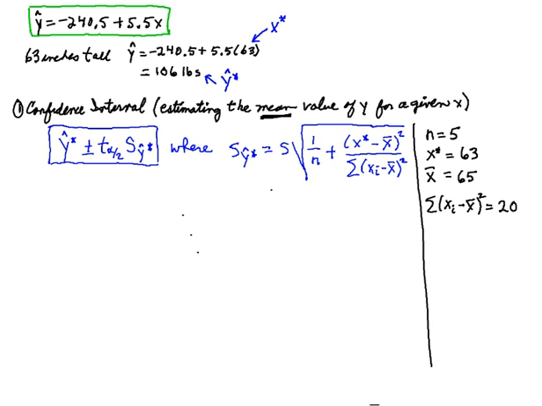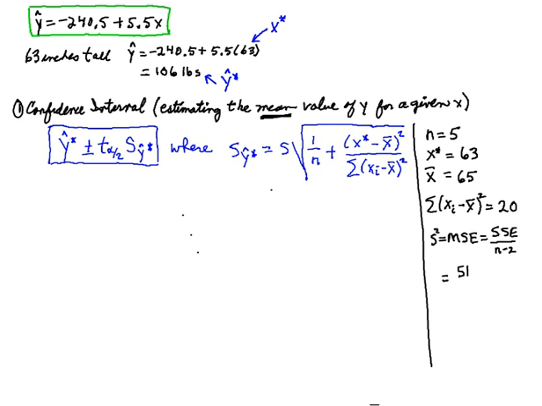Now the other value we need here for our standard error is s. Now s squared we calculated or estimated with MSE. This was back in our test for significance when we were running the F-test. And recall the formula for that. That would be SSE over n minus 2, where the n minus 2 would also serve as the degrees of freedom. If you remember the values, you can look back and see them.